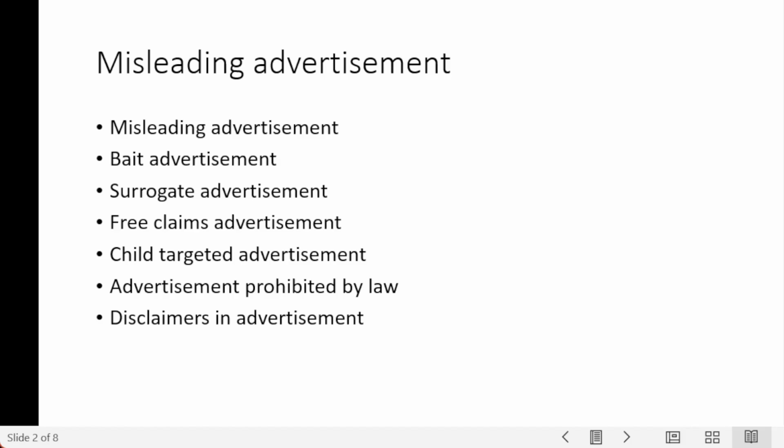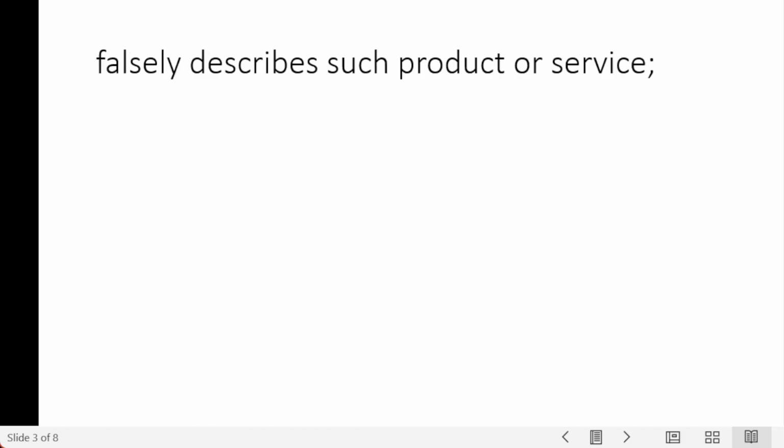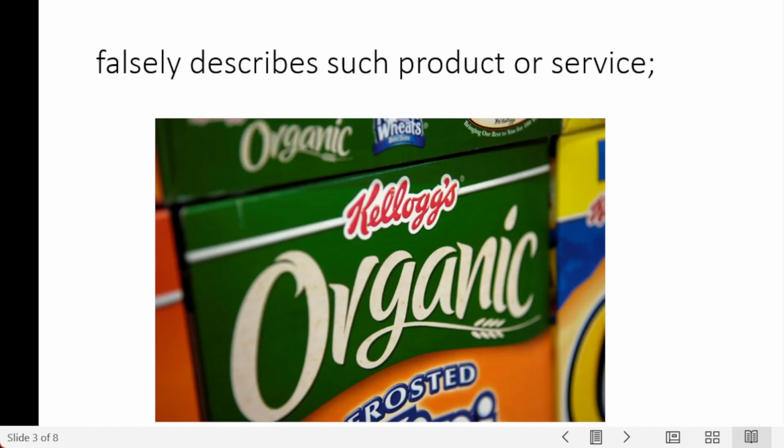from the misleading advertisement. So, when we take up the advertisement, misleading advertisements are the ones which falsely describe some product or services. When we talk about false description, they make certain wrong claims like organic. Whenever they make a claim that the product is organic, it needs to be organic according to the standards prescribed.